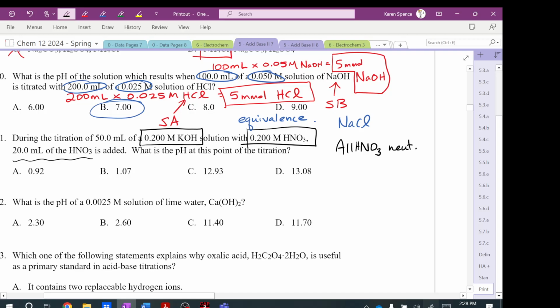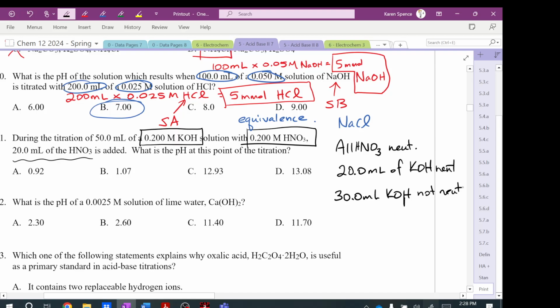And because they are the same concentration, 20 milliliters of the KOH is neutralized, which means I have 30 milliliters of the KOH which is not neutralized.